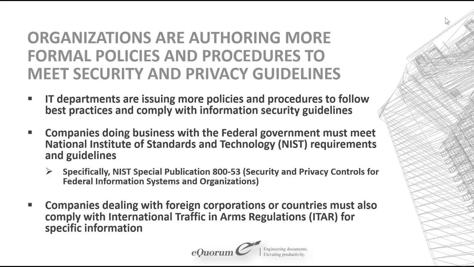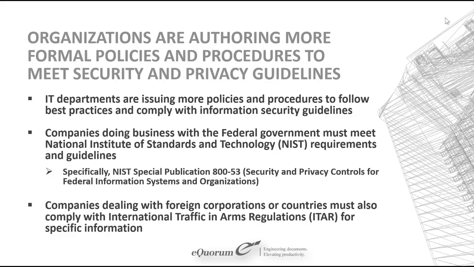So organizations are authoring more formal policies and procedures to meet security and privacy guidelines. The IT departments are issuing more policies and procedures, basically looking for best practices and complying with information security guidelines. Companies that do business with the federal government must meet the National Institute of Standards and Technology, NIST, requirements and guidelines.